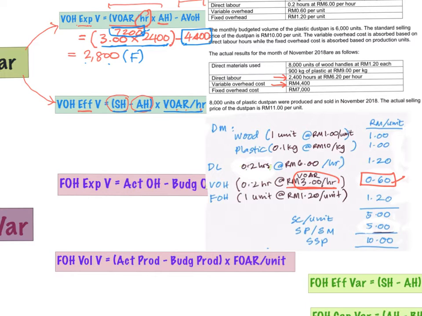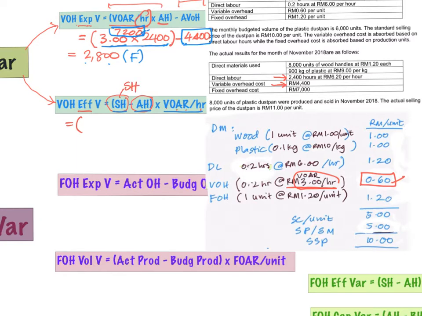So let's see how we are going to solve this. Standard hours is the same as the one that you already calculated for your labor variance. We use the same standard hours, and standard hours here means standard hours for actual units produced.